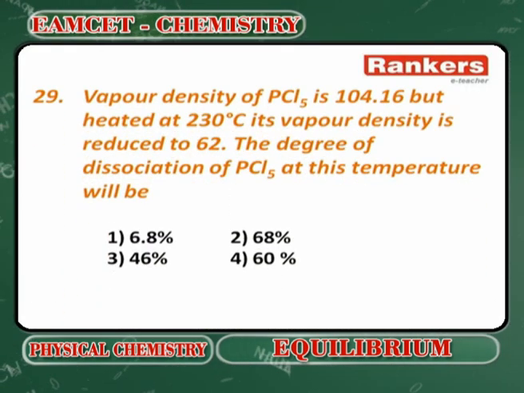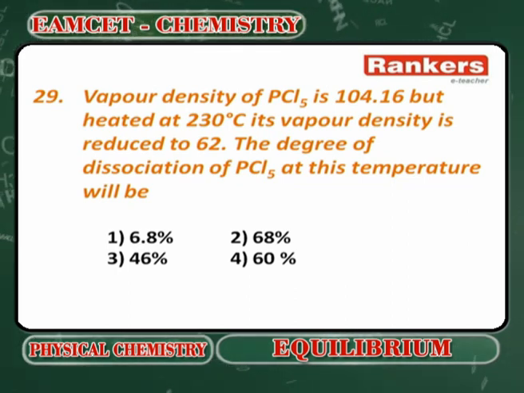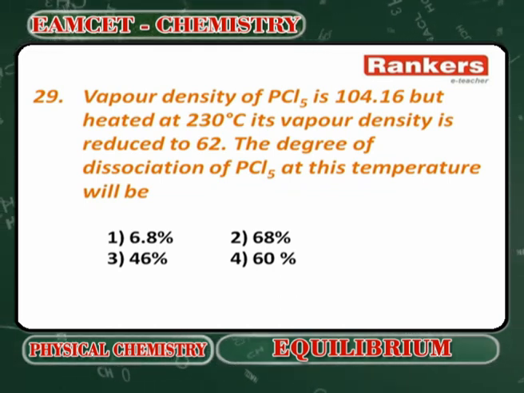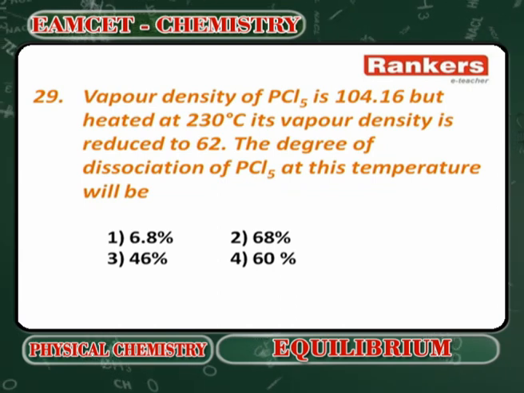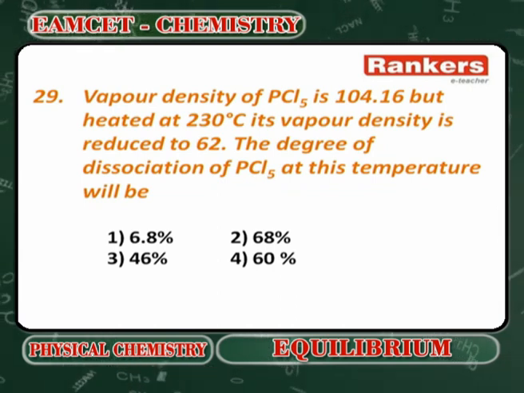Next. Vapor density of PCl5 is 104.16, but when heated to 230 degrees centigrade, its vapor density is reduced to 62. What is the degree of dissociation of PCl5 at this temperature? This type of problem can be solved using the Van't Hoff factor.